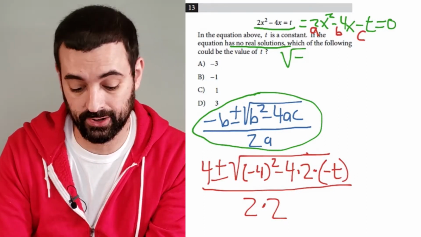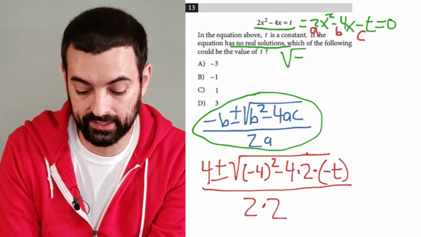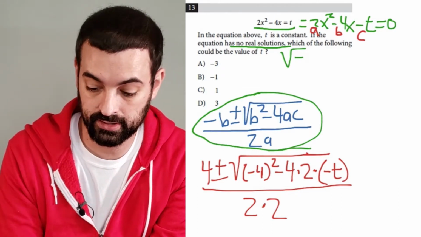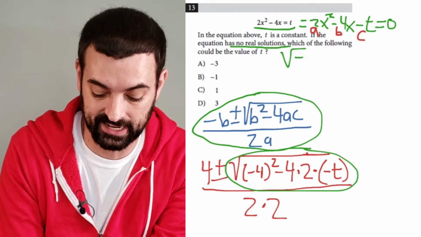And again, I know there's a lot of moving pieces. All we need to look at is what's going on with the radical sign.